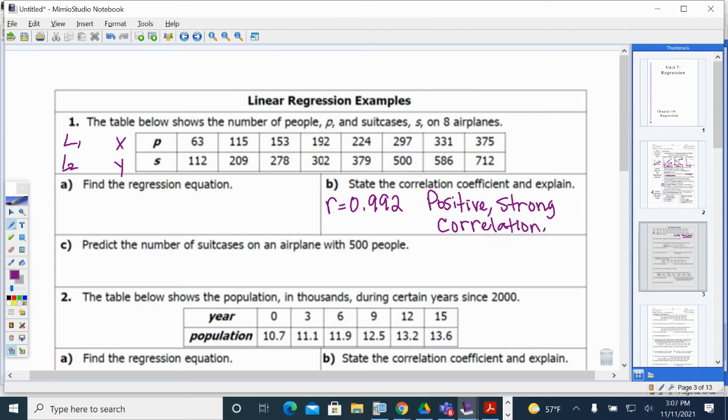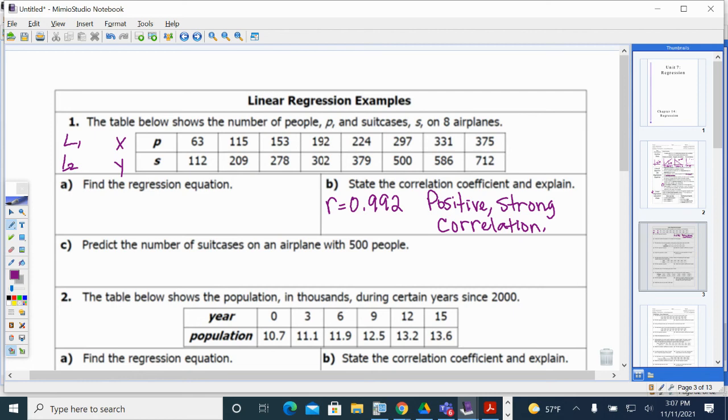And basically, y'all, what that means is that the relationship between the number of people and the number of suitcases is a very strong relationship. They are directly related to one another. There's a very strong relationship between those two things.